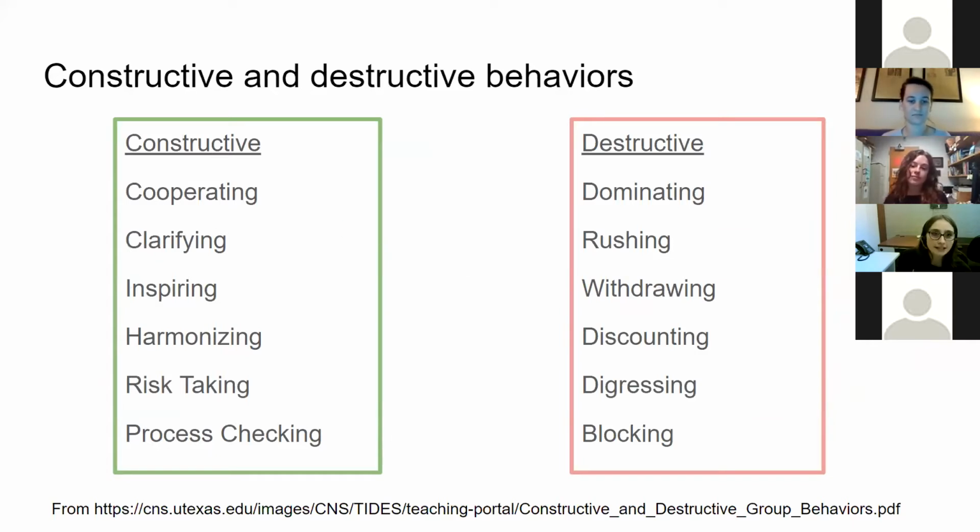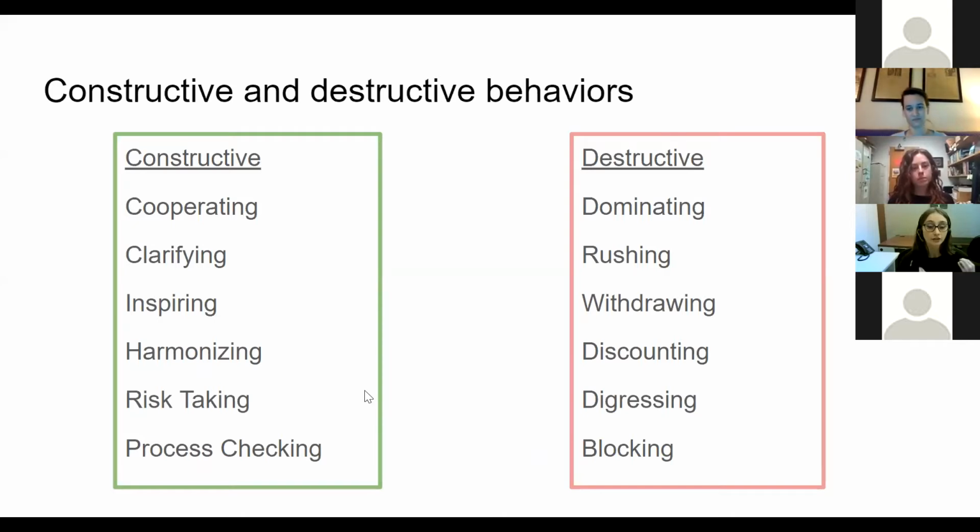So we're going to take a couple minutes of independent self-reflection on our own constructive and destructive behaviors. Miriam is going to drop a link in the chat that you can follow to get a little bit more information on these behaviors. But just take a minute, think about how you've been in the past in group situations or collaborations, and see where you feel like you're really strong and have helped move things forward.